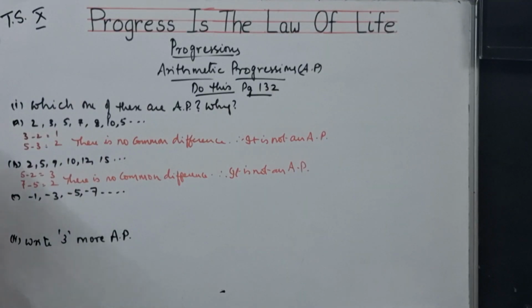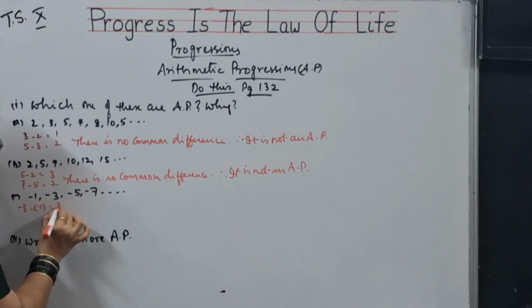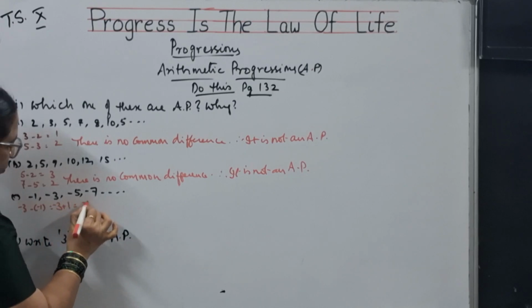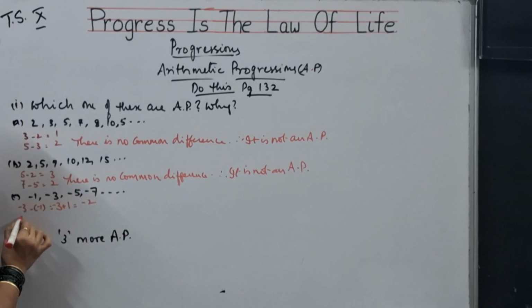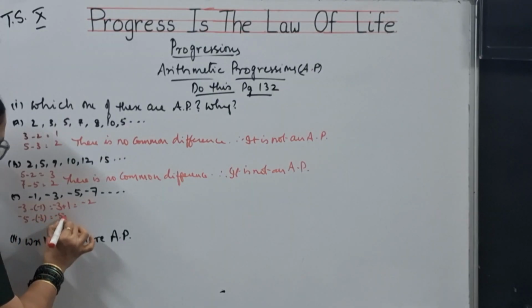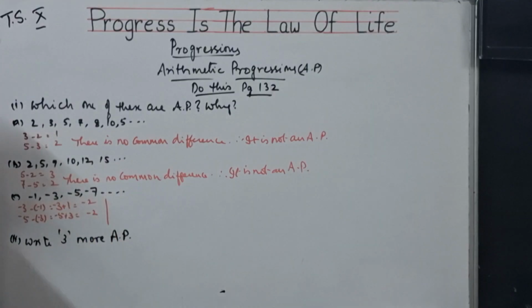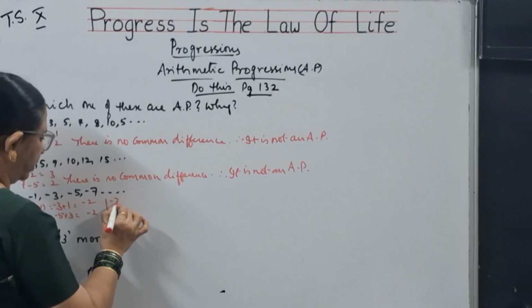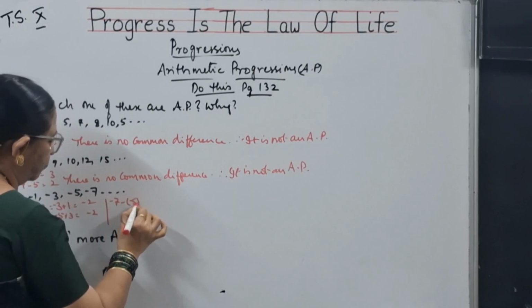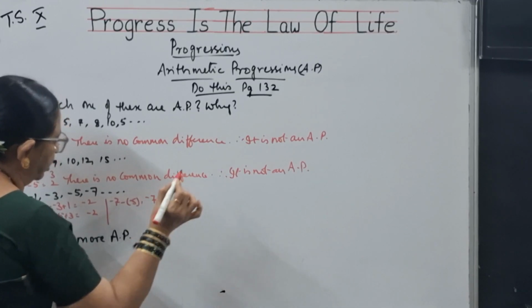Okay. Now here you see minus 3 minus of minus 1, that is minus 3 plus 1 is minus 2. Then minus 5 minus of minus 3, minus 5 plus 3, is also minus 2. Next, minus 7 minus of minus 5 is minus 7 plus 5, which is minus 2.